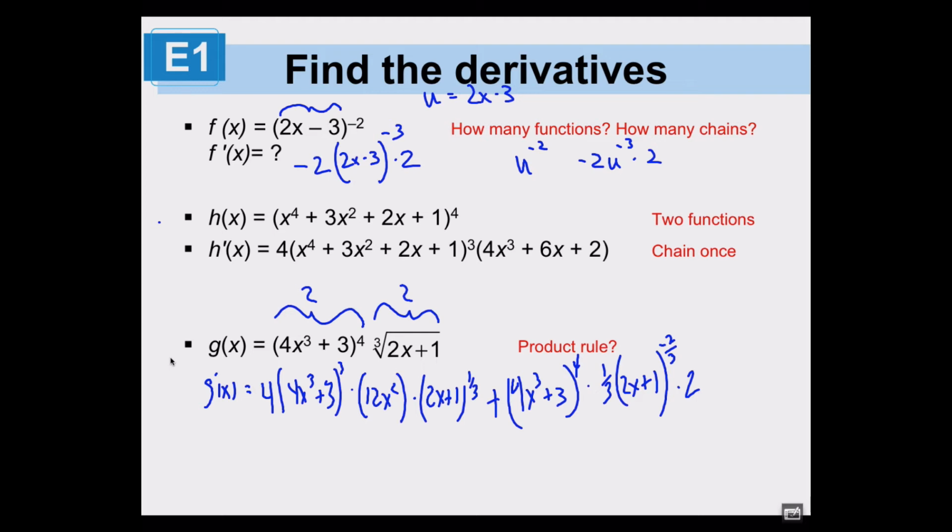Let's do the derivative of the inside function. Good. It's the derivative of the inside function. So that's our chain when we took the derivative of this monster.